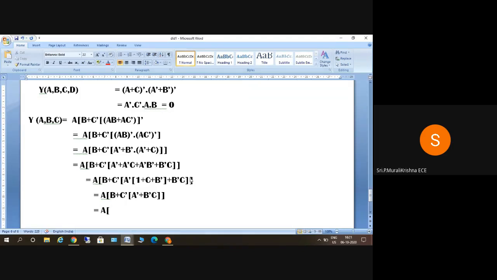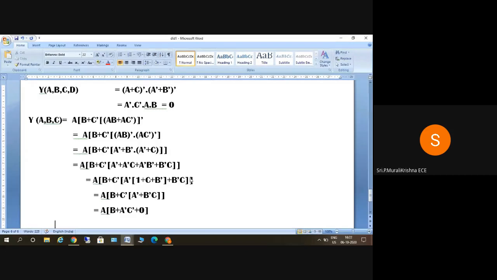So A into B plus A bar C bar plus, so what will we get there? So C bar into B bar into C, that is C into C bar is 0. So you get a 0 there.